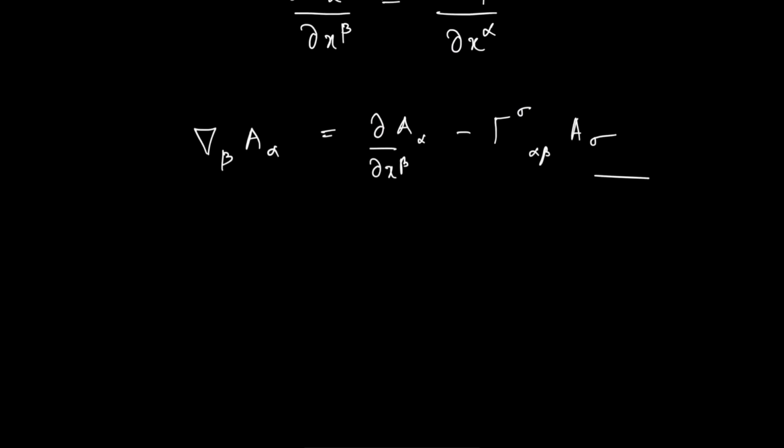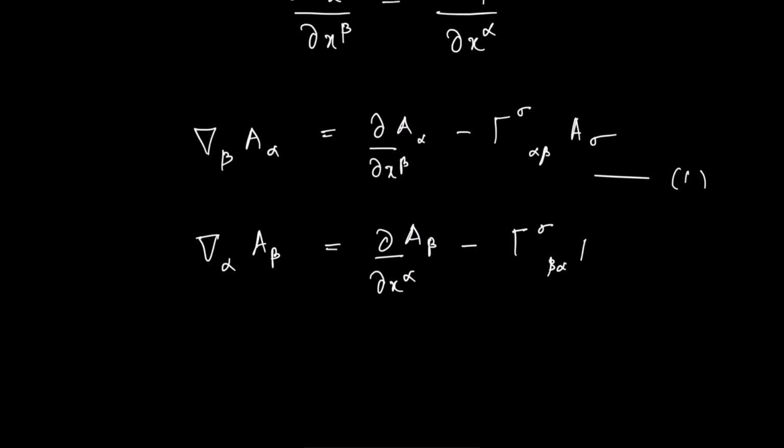So let this be equation number 1. Now I am going to consider the covariant derivative of A beta with respect to alpha. It's given by partial derivative with respect to x alpha minus Christoffel symbol sigma beta alpha A sigma. Let this be equation number 2.